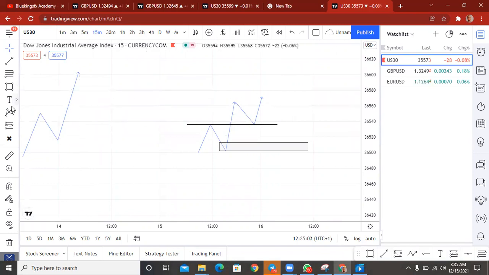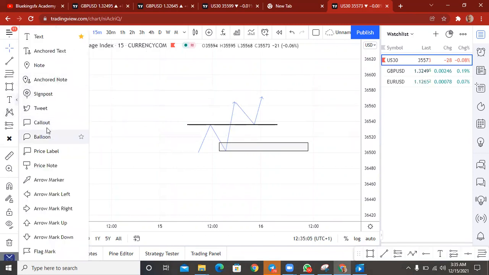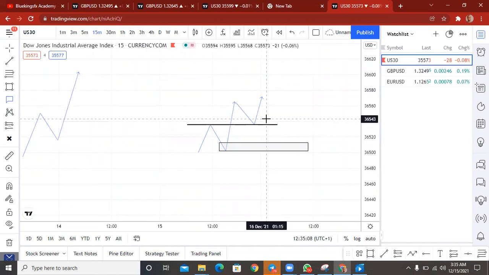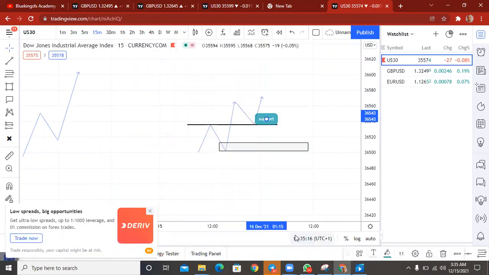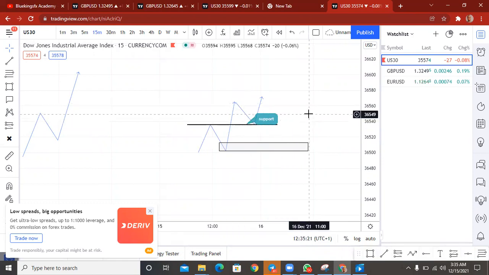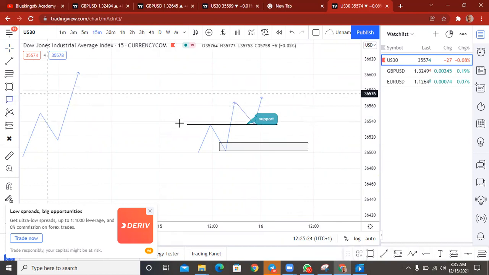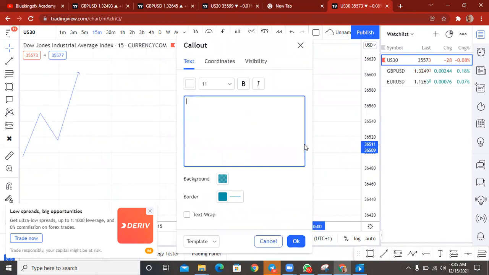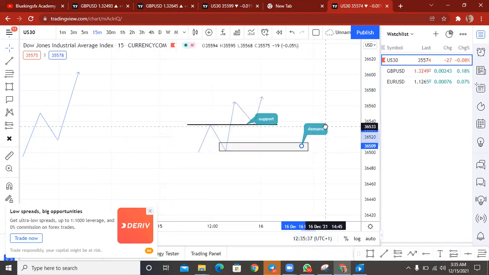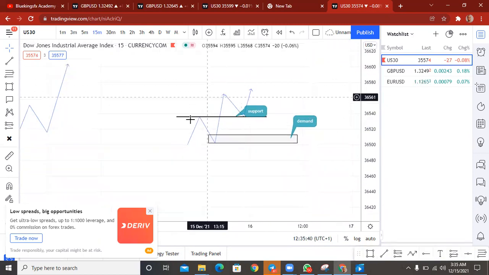All right, so here we go. I'm going to use a call out. So this is what supports, and this is support, and this is demand. Simple, easy peasy, right? This is support and this is demand.